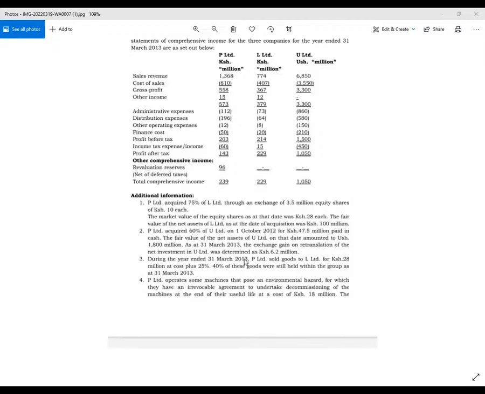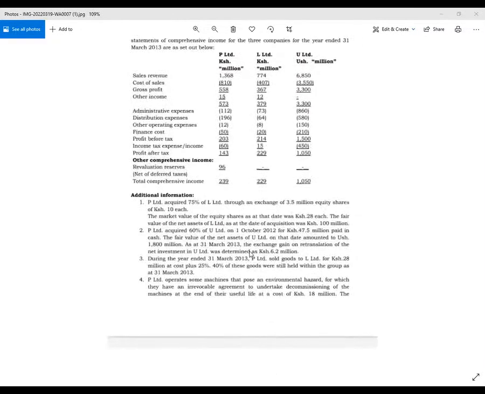We are told P Limited operates some machines that pose an environmental hazard, for which they have an irrevocable agreement to undertake decommissioning of the machines at the end of their useful life at a cost of 18 million.